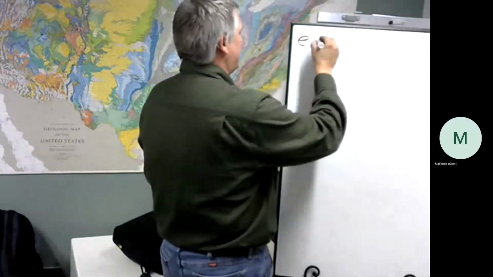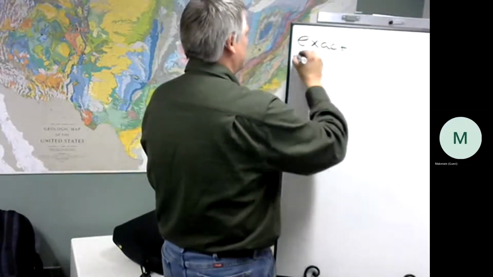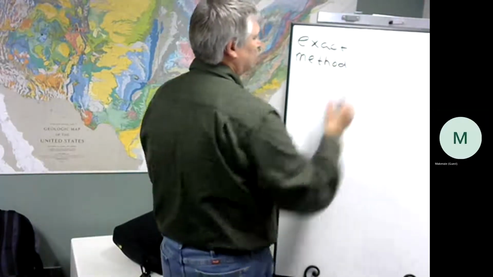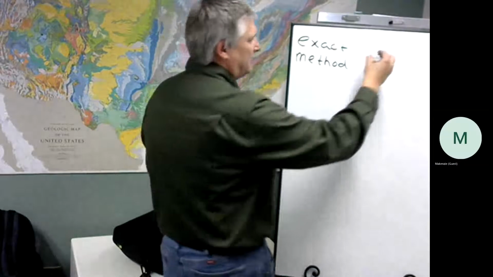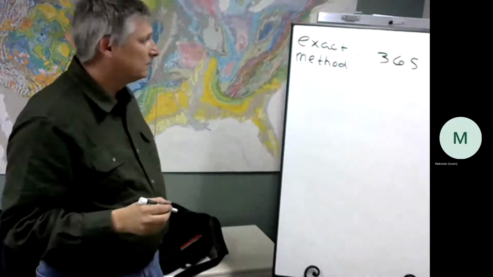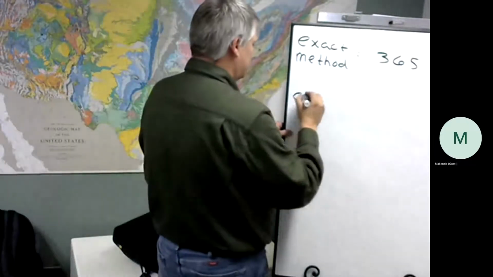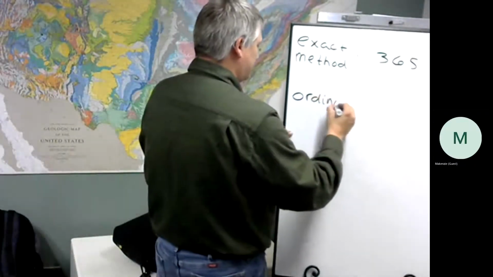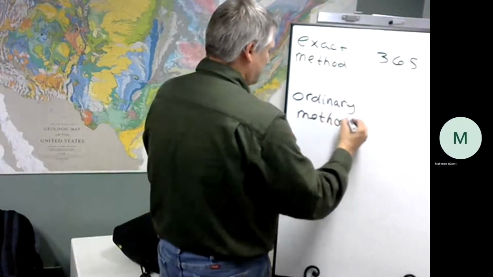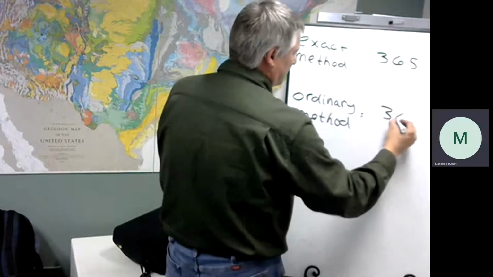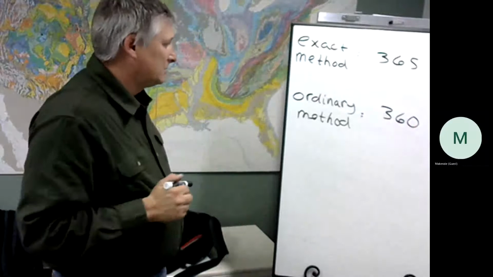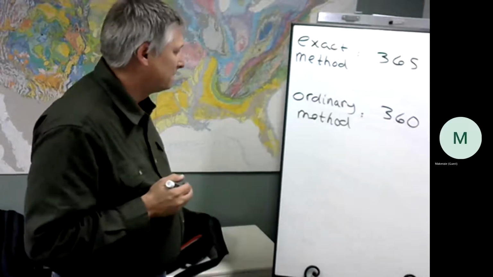So with the exact method, we could say that a year has 365 days. But for the ordinary method, a year has 360 days. So it's something you want to think about.